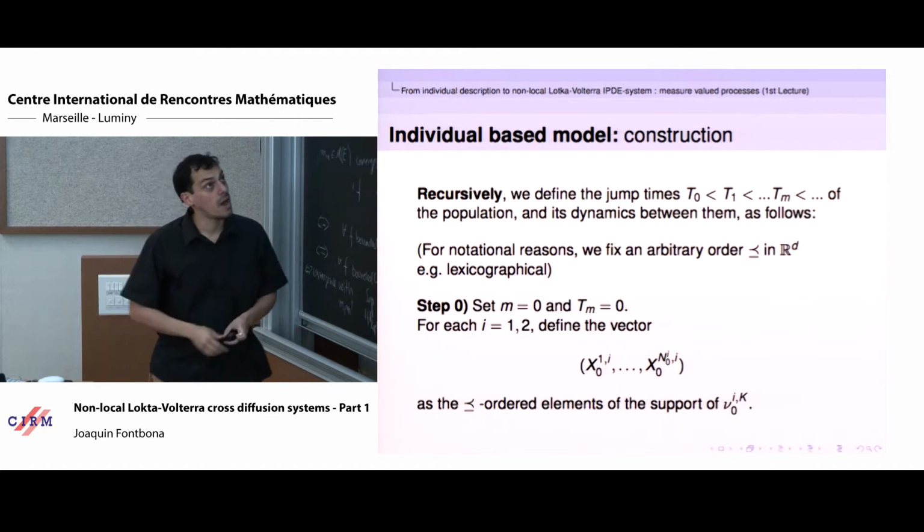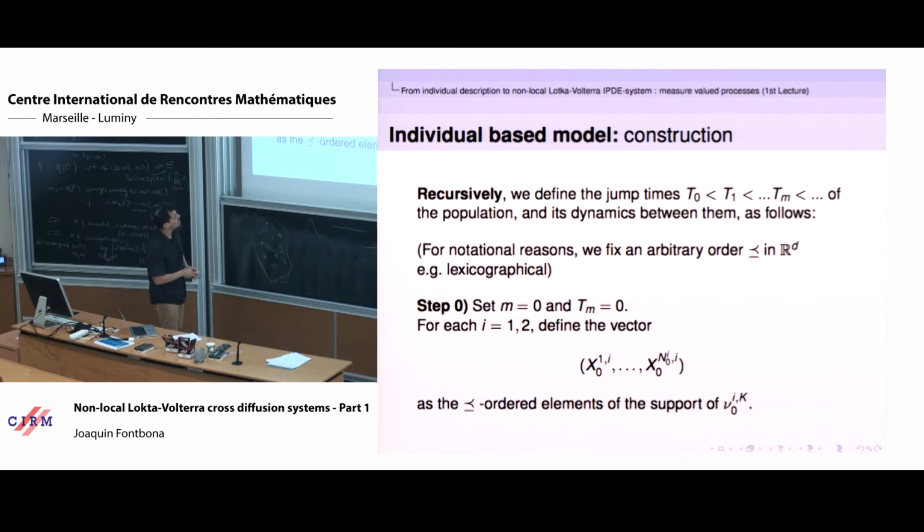At step 0, I will take my population to be the elements of the support of my measure. Okay? So why do I need this ordering? It's arbitrary, but it's just because I want to assign to each of them one random motion of the infinite sequence I had. Okay? So it's just to have some consistent way of defining this.